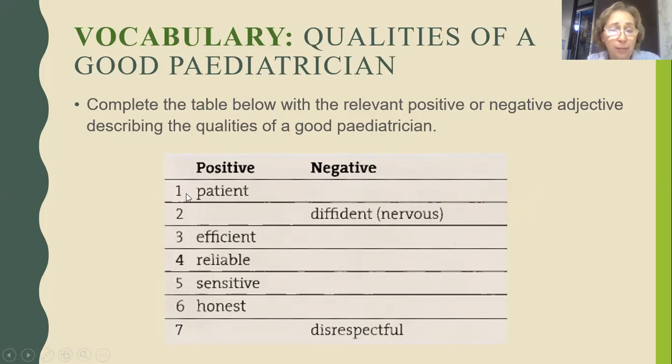They are given in pairs, like we say, patient, and the negative form is impatient. So I would like you to write these adjectives in such pairs. Do it individually, because we'll need them later to do the exercise. Please write them down. Just 2 minutes for you to do this. Okay.